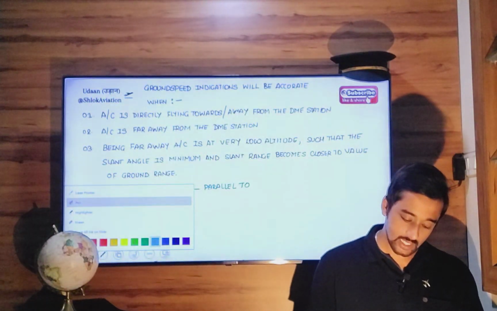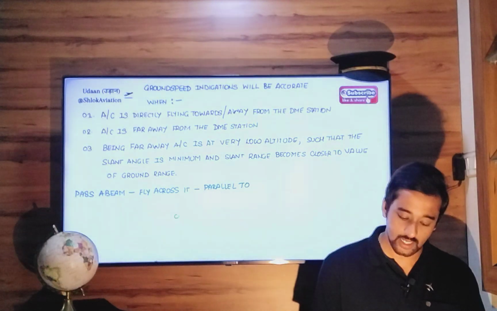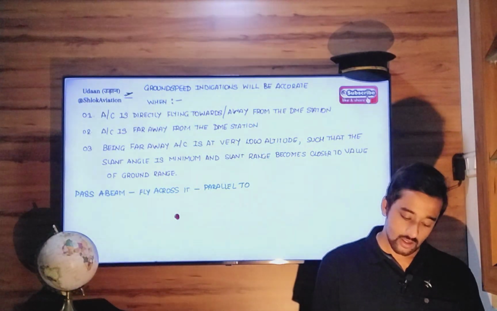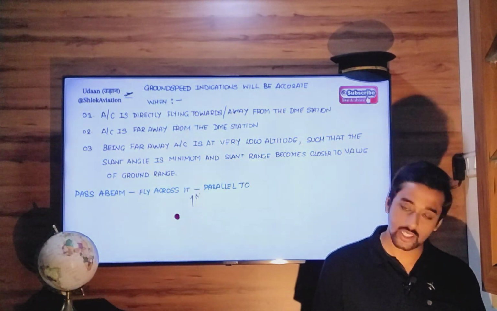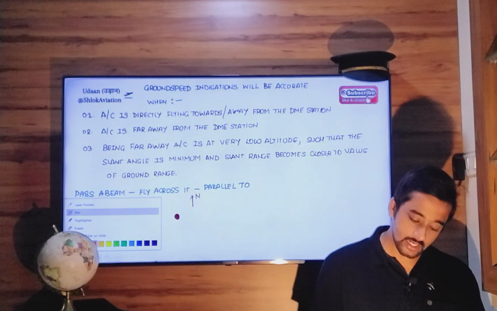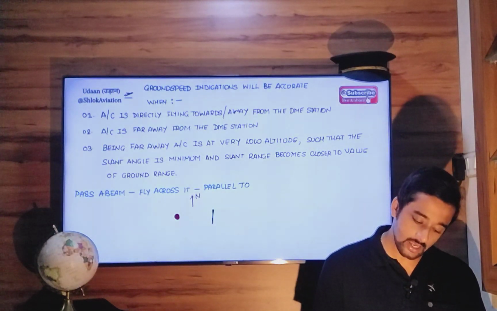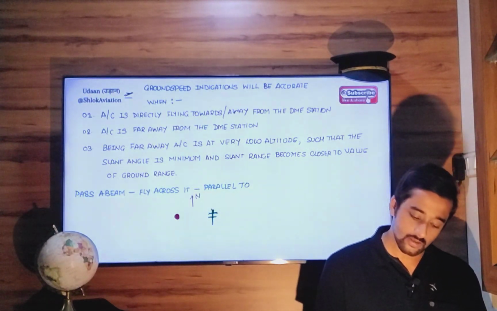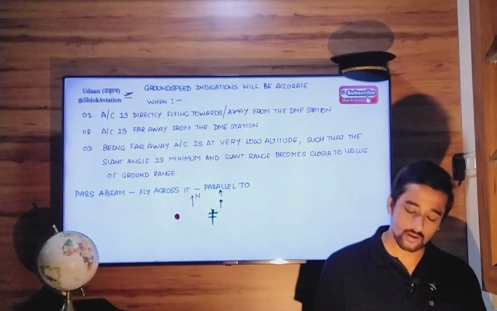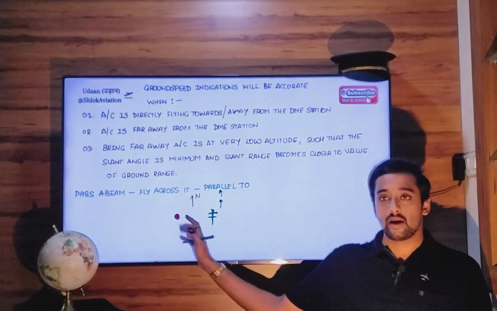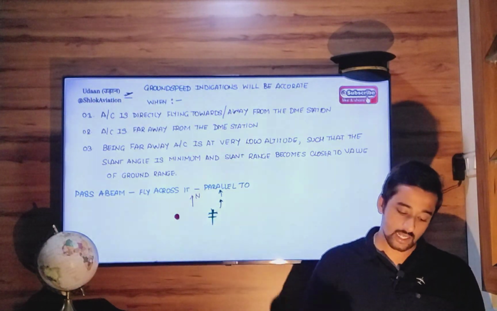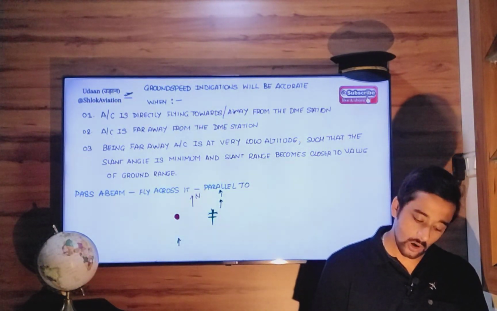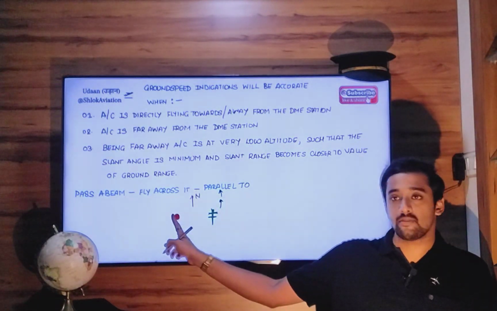Let's say this is your DME station here, this is the north direction, and your aircraft is flying due north. So it is flying a beam parallel to this DME station instead of flying due north but towards the DME station.